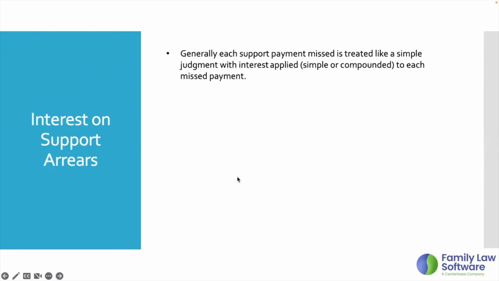Generally, whenever a support payment is missed, it's treated like a judgment and the interest applies. So when you're looking for resources in your state about how to handle this, it could be under your family law code, or it could also be in your civil judgment code. You've got to look in two different places that you might not normally look.